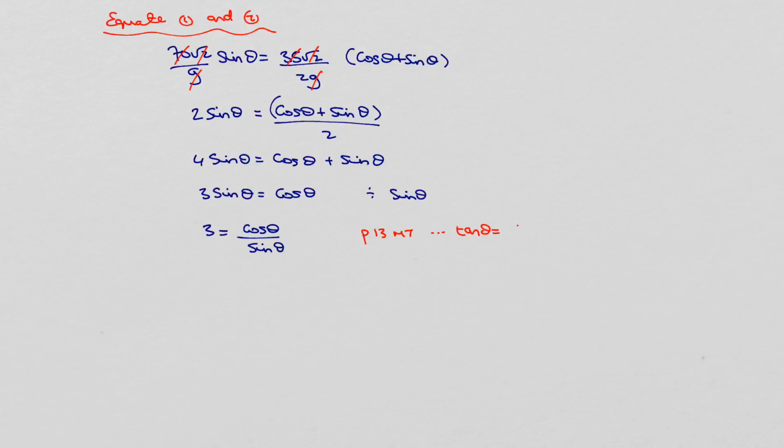We know that tan theta is equal to sine theta over cos theta, and therefore cot theta equals 1 over tan theta, and 1 over tan theta is cos theta over sine theta. And what do we have? We have cos theta over sine theta. So that's pretty cool, because that means then that cot theta equals 3.